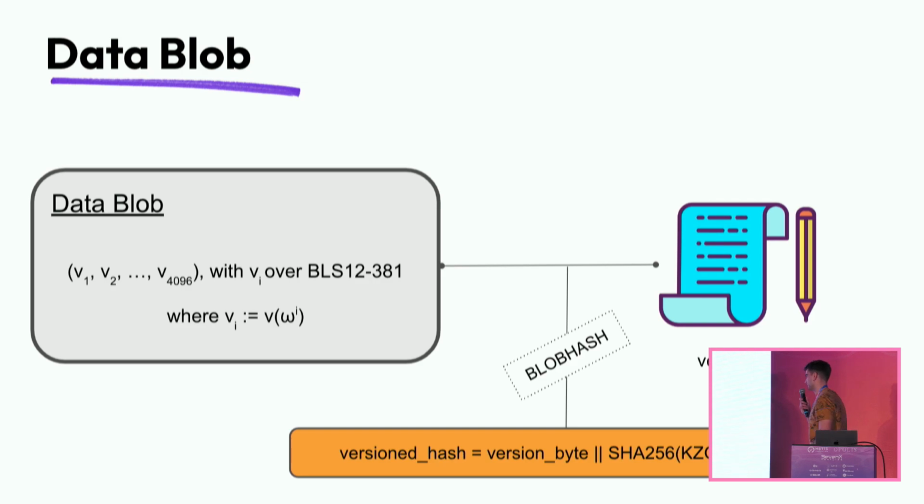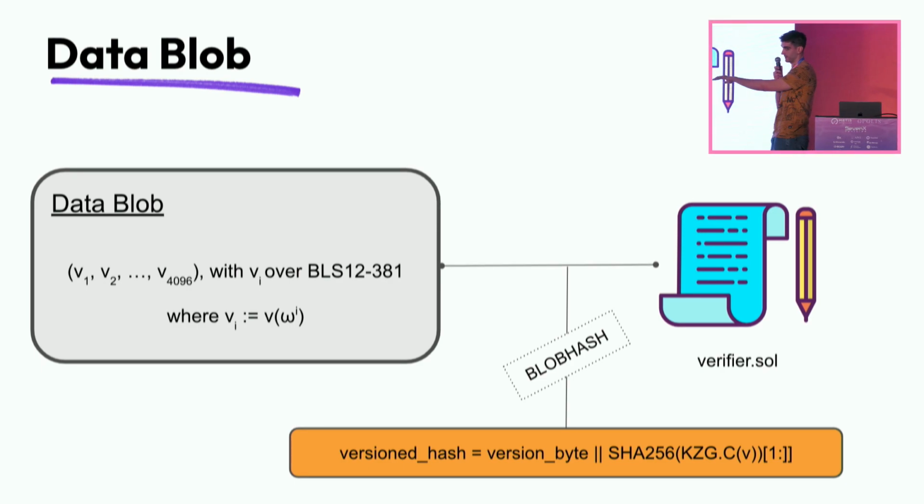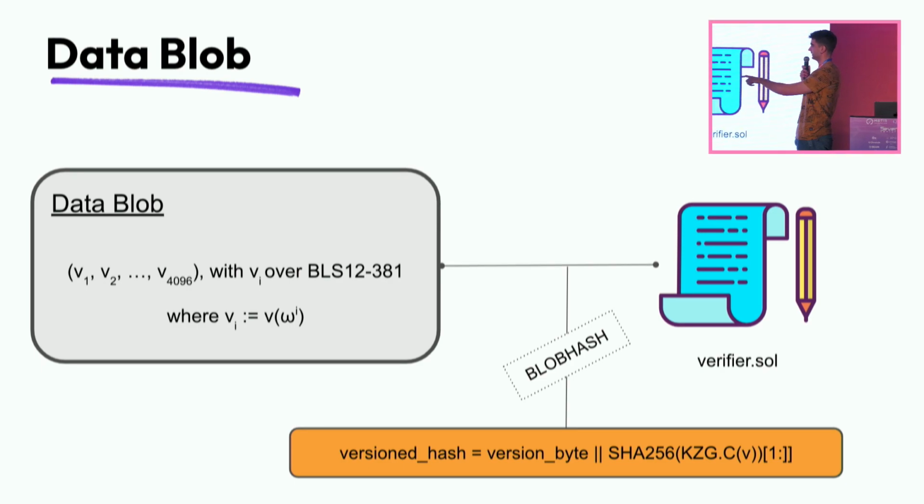But also, it's important to notice that from L1, we are not going to be able to access any elements in this vector. The only thing we are going to be able to retrieve from any smart contract is through a new opcode, which is called BLOBHASH. Okay?